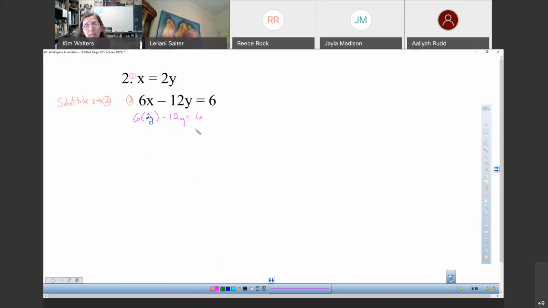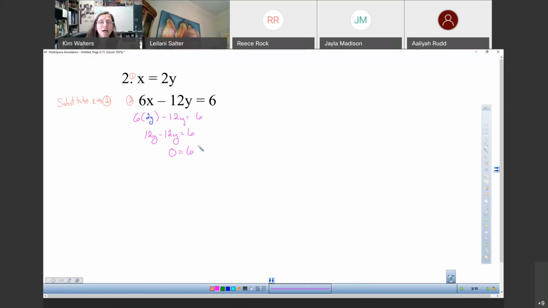Now I'm going to clean this up, all right? 6 times 2 is going to be 12y minus 12y is equal to 6. Well, 12y minus 12y is 0, and 0 equals 6 isn't possible, all right?